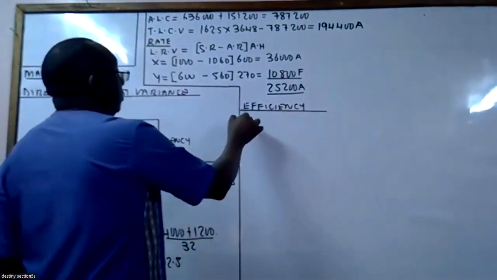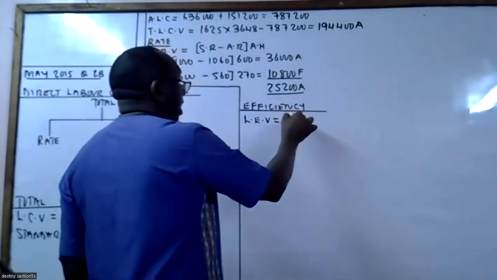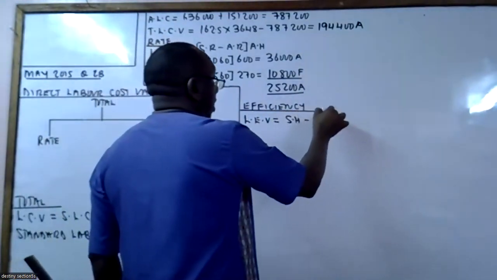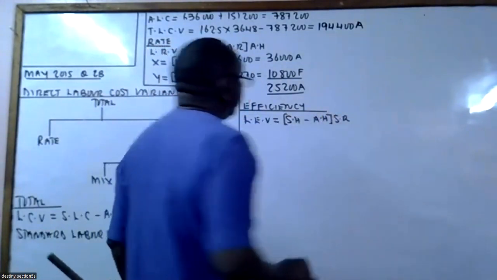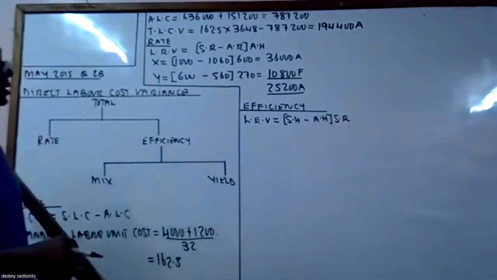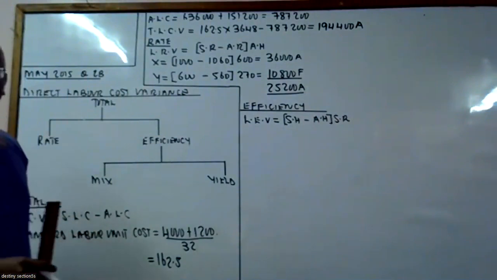Labor efficiency variance is standard hours minus actual hours, multiplied by the standard rate.